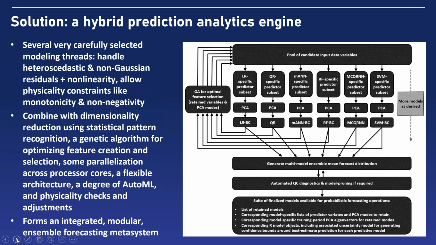And then all of that is in turn combined with dimensionality reduction, a genetic algorithm for optimal feature creation and selection, some parallelization, a bunch of other stuff. So what we get out of it in the end is an integrated, modular, multi-model ensemble system of systems is the way that we're looking at it. Next slide, please.